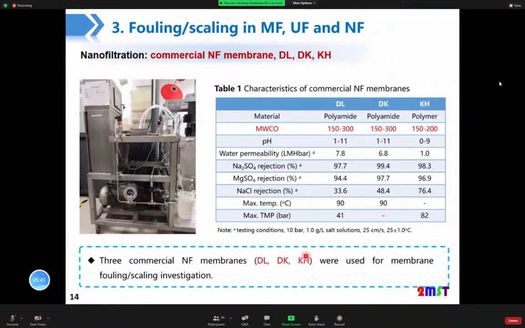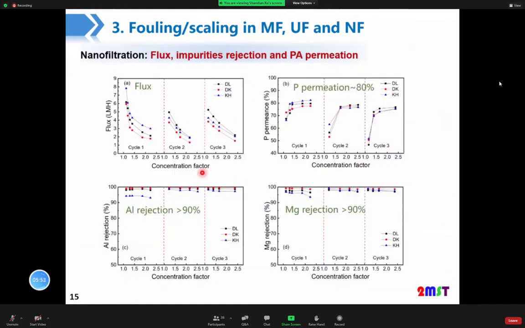Then we use commercial nanofiltration membranes, DL, DK, KH, to investigate the membrane fouling or scaling. The decreased flux and increased ion rejection showed that serious membrane scaling occurred on the nanofiltration membrane surface. In spite of this, the cation rejection can reach about 90%, and the phosphoric acid permeation can reach about 80%.